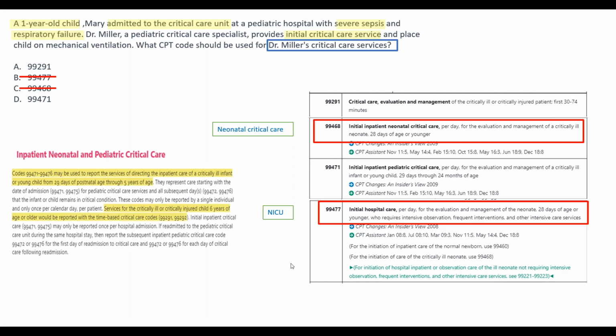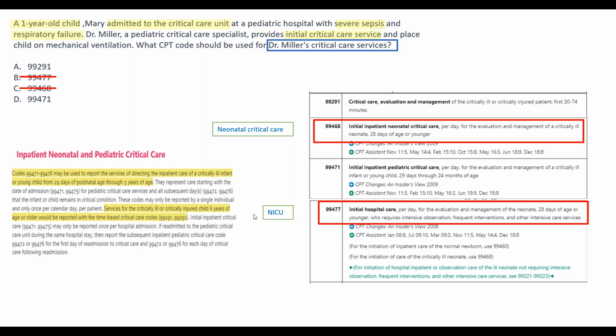So we have the inpatient neonatal and pediatric critical care guidelines here, which state that codes 99471 to 99476 may be used to report the services of directing inpatient care of a critically ill infant or young child from age 29 days of postnatal age through 5 years. In our scenario, the patient is a 1-year-old child.